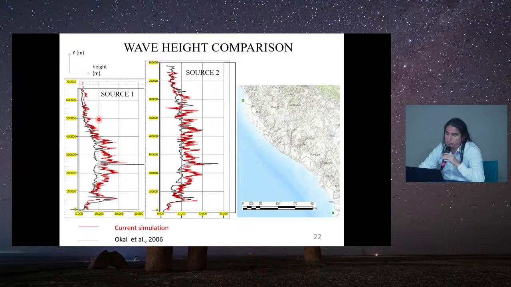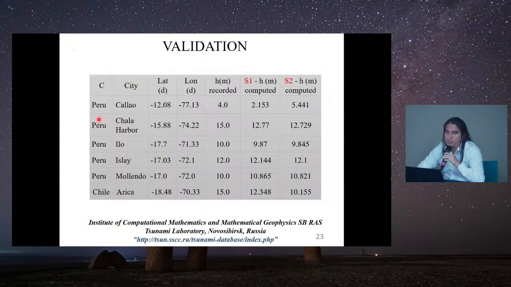Then I did a validation with the results that the Institute of Computational Mathematics from Novosibirsk, Russia got for this earthquake. This is the recorded, and this is what I computed with my simulation. And in general, it is quite consistent.